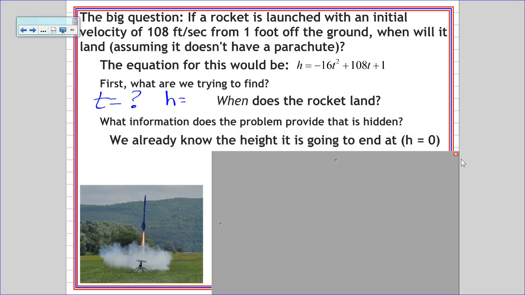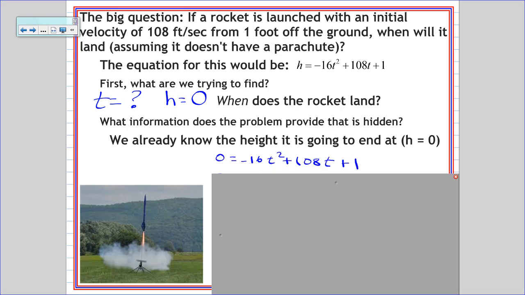Well, we already know what the height is going to be at the end. It's going to be h equals 0, because it's going to be back on the ground. It's going to end up 0 feet off the ground. Okay, so that means h equals 0, so we're going to change the h from the equation into 0.